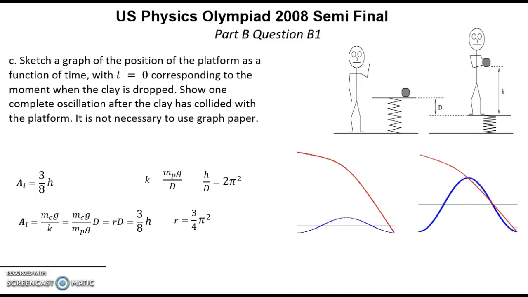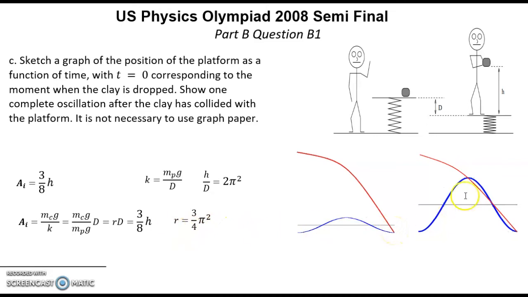So we see that for small amplitude, for a very small ratio between the mass of clay and the mass of platform, they will never meet before the lowest position.